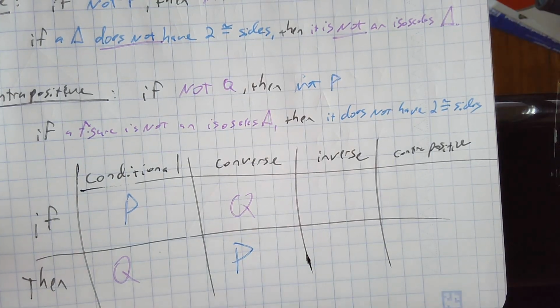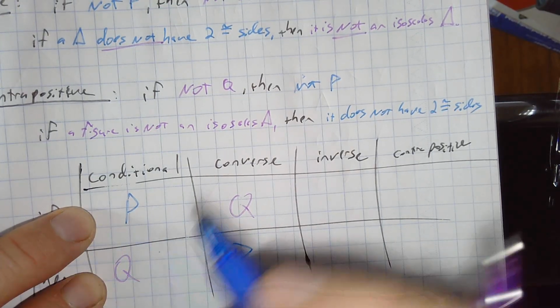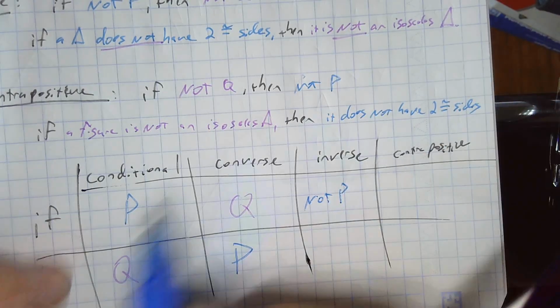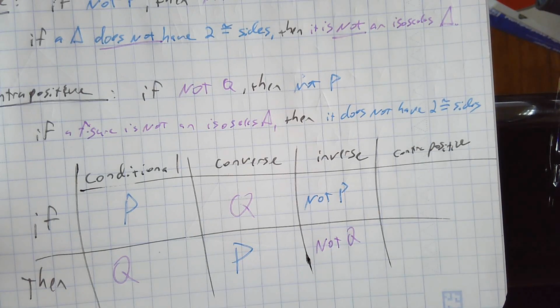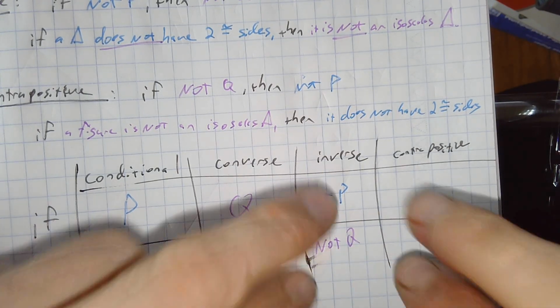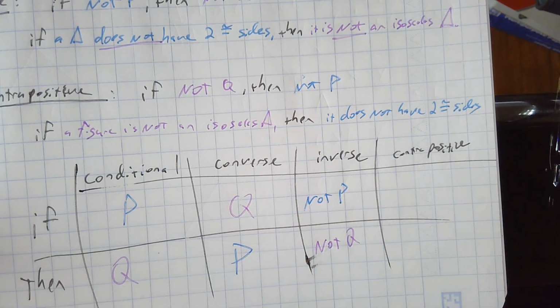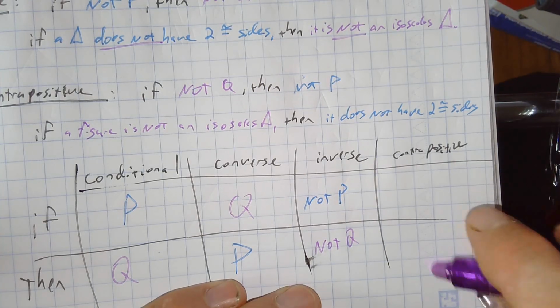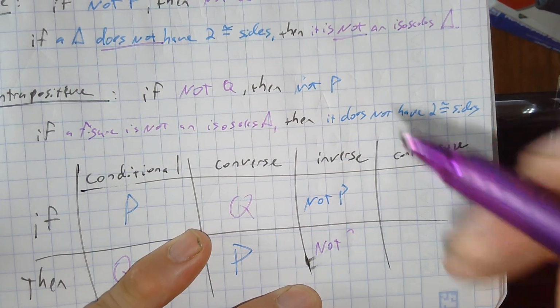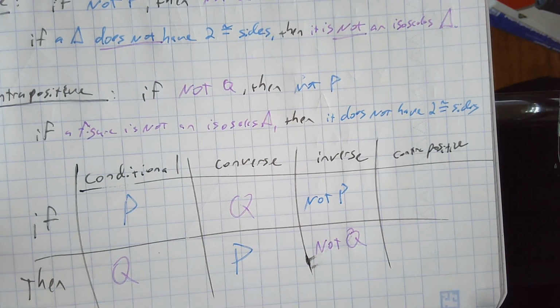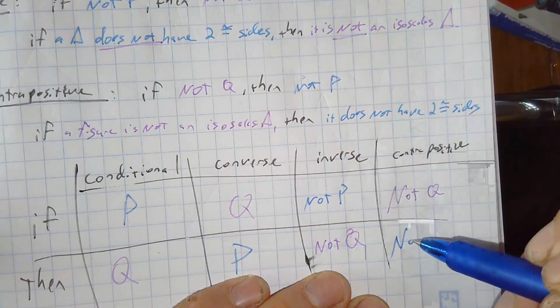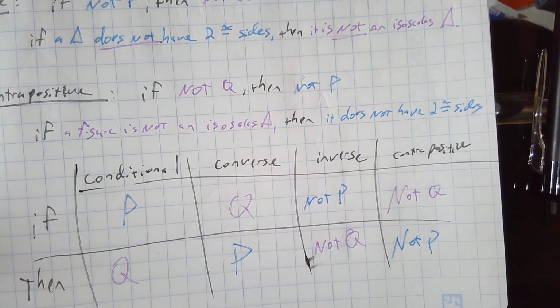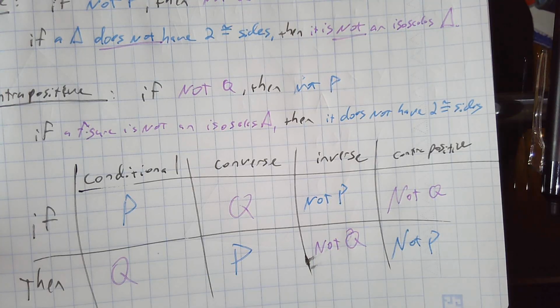Okay. Now the inverse is not P and not Q. Okay, and then the contrapositive is this flopped: not Q and not P. So if you like memorizing tables, this is a good table to memorize to help you remember.